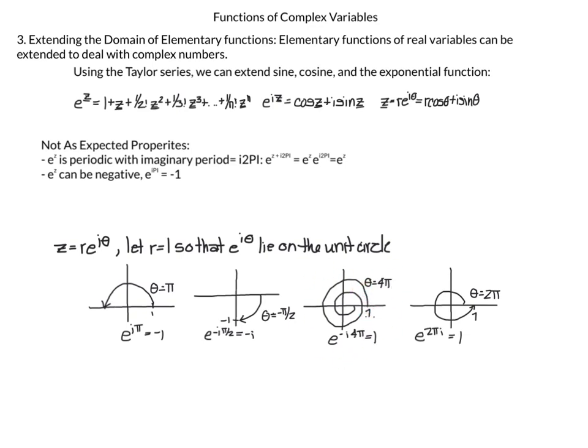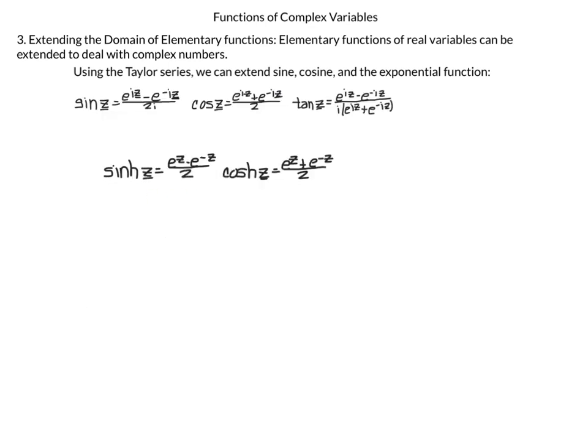The second thing that's a little different from real numbers is that e to the z can now be negative, because e to the i pi is equal to -1. These two formulas, sine and cosine in terms of exponents, are the same formulas as for real numbers, where normally we put in x, so e to the ix minus e to the minus ix over 2.